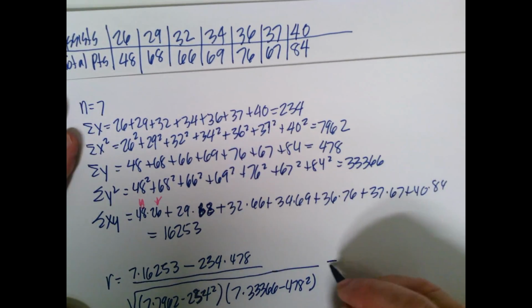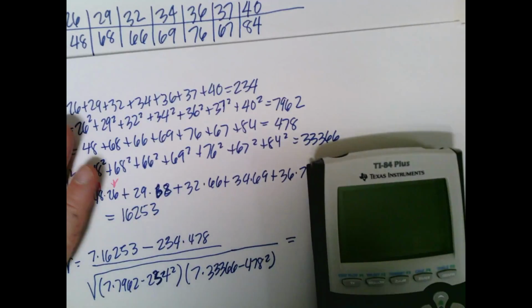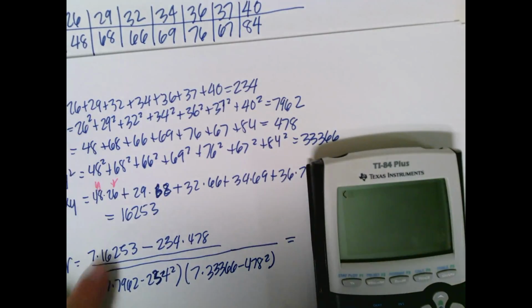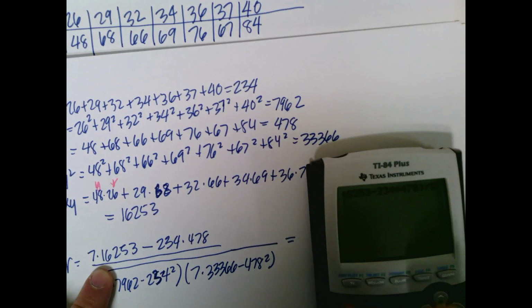Alright, so now we plug that into our calculator. So we get 7 times 16,253 minus 234 times 478. Hopefully I'm typing this all right.